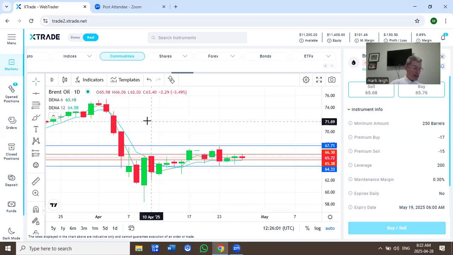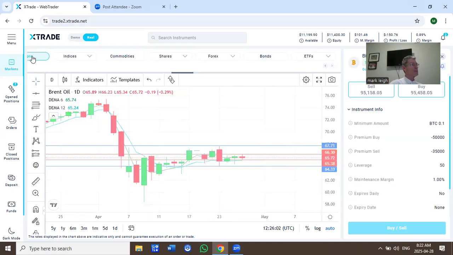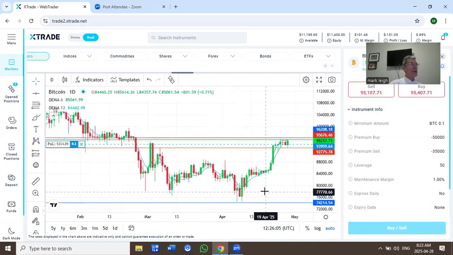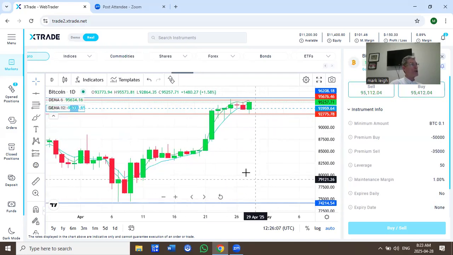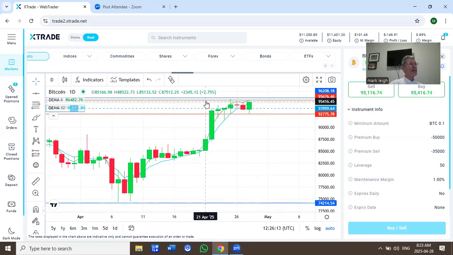Let's have a look at Bitcoin. Bitcoin had a really strong week last week, a nice week, all the way up, established resistance close to the 96,000 mark, 96,200. And then over the weekend, bearing in mind Bitcoin, real 24/7, there is trading over the weekend.